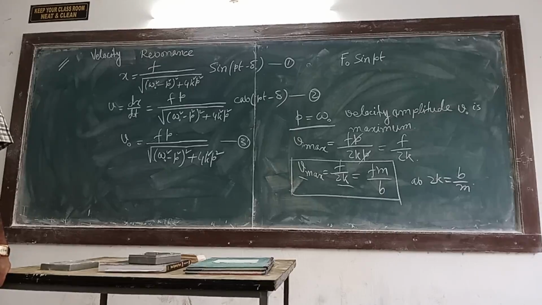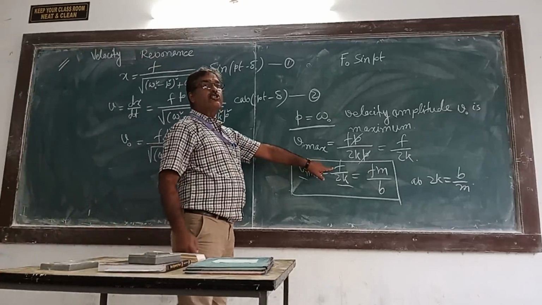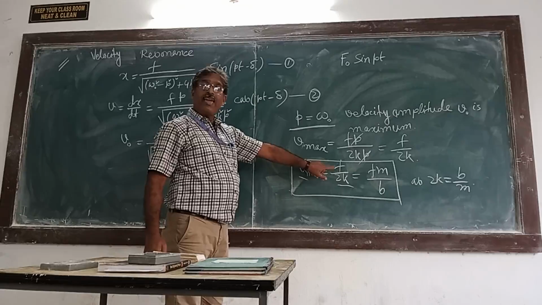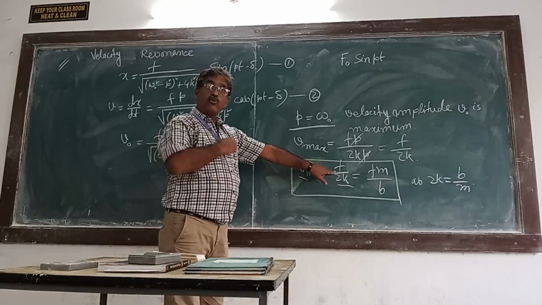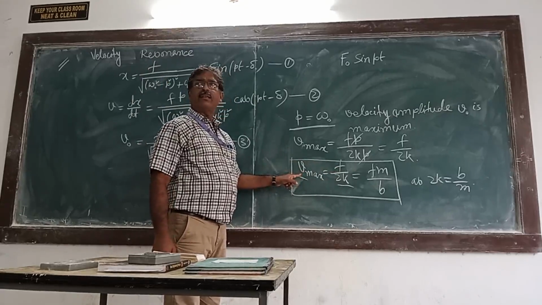Vmax will increase, and at that time there is a chance of breakage or damage of the bridge. So don't march on a bridge. Here F equals F by m. F is the force; so many soldiers give the force, and your Vmax is very high at that time.